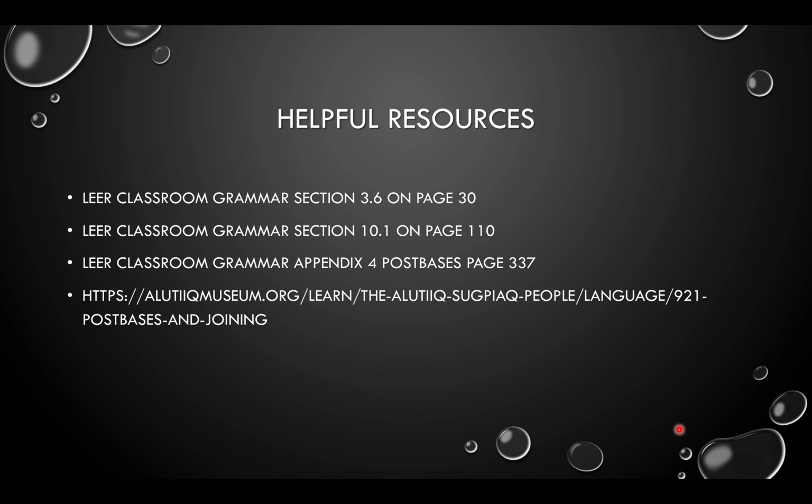And then there's a whole appendix that lists a bunch of postbases on page 337. Now the PDF doesn't work very well to use, so I recommend getting a hard copy of the book to look at the appendices. And then the Alutiiqmuseum.org has a page on postbases and how to join them to root words.